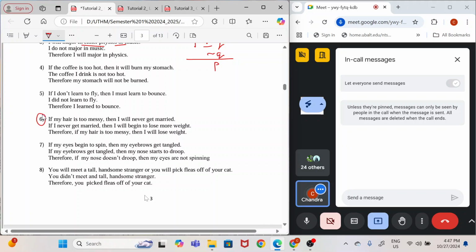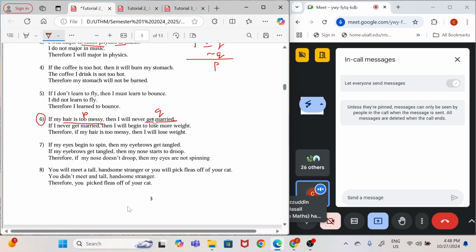Try number 6 here. P is hair is too messy. Get married is Q. Okay. P is hair is too messy.